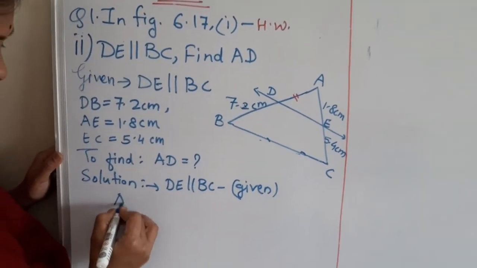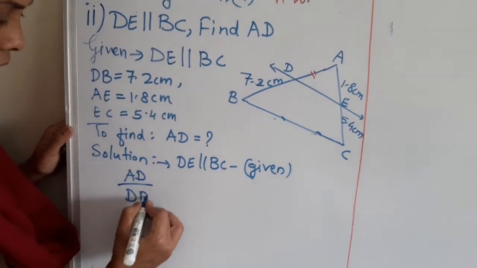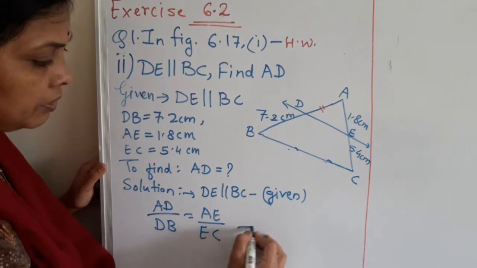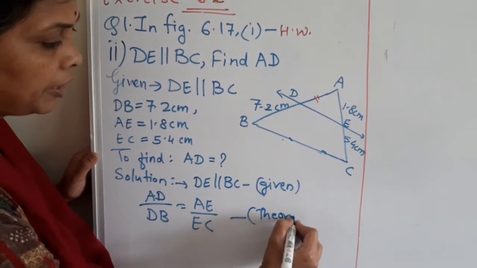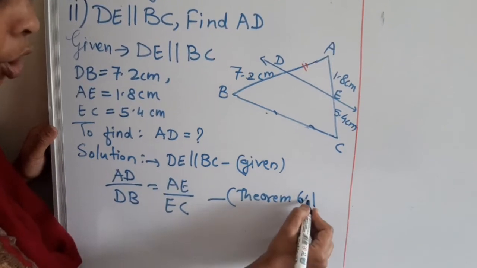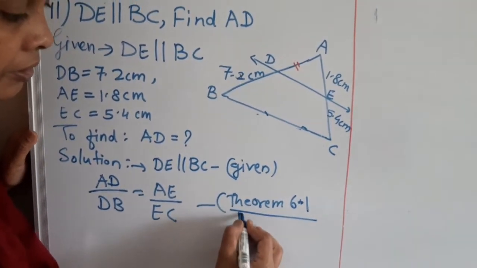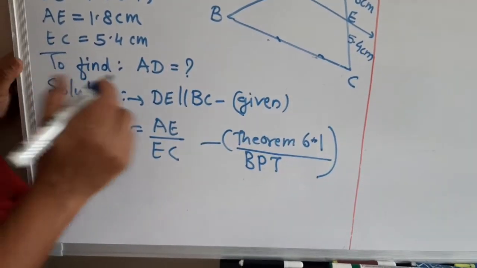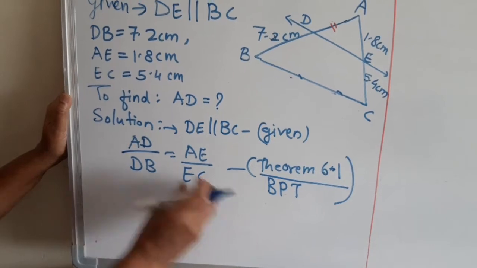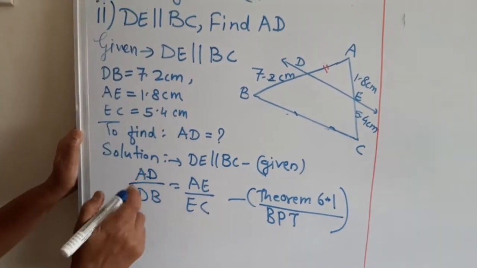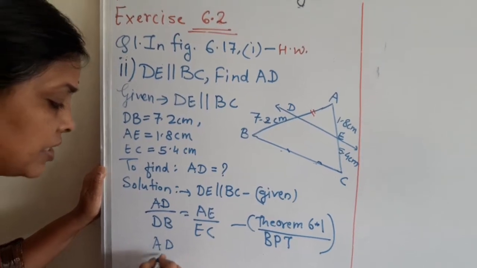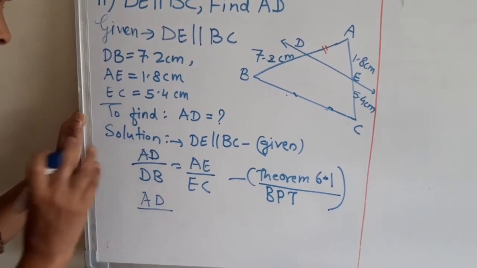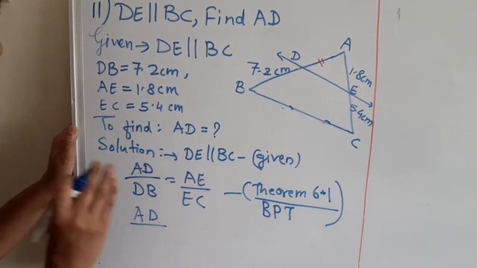So directly we can write here AD upon DB is equal to AE upon EC. That is by theorem 6.1, or you can write BPT, that is the basic proportionality theorem. Then by this we get this statement. Put the values which are given. Here AD is not given, we write it as AD, or we can let it be X, but here I am writing AD.